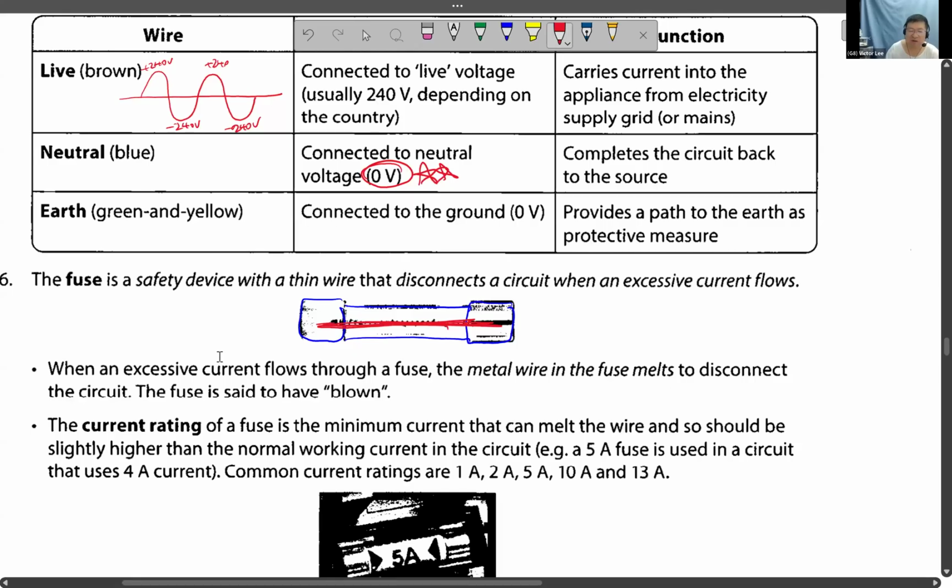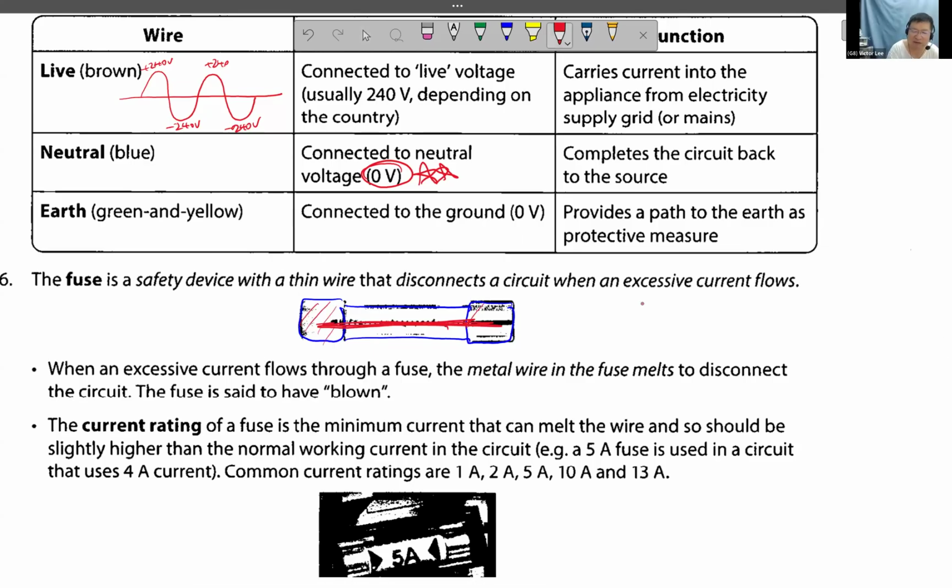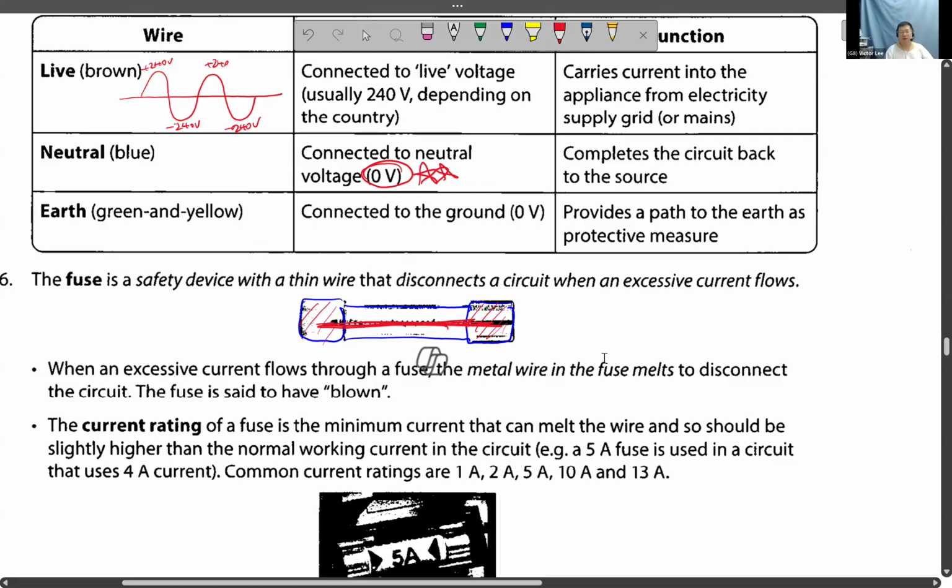It means that the current that touches this metallic part will be conducted through the wire to the other side of the metallic part. So these are drawn like that. Are you with me? The fuse has a wire where, when the current going through is higher than the rating of the fuse, the wire will melt and then you cut off the circuit. You form an open circuit.